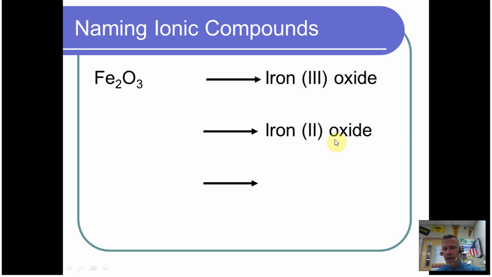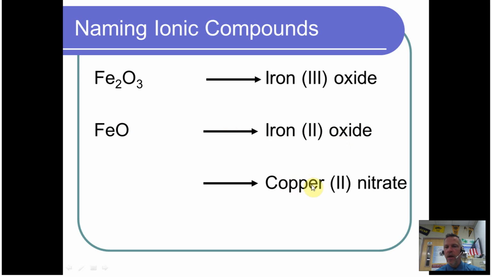Iron(II) oxide is FeO. All right, so the chemical formula for iron(II) oxide is FeO, and that means that iron here is in its +2 state. How did we know? Because it's paired with a single oxygen atom. The single oxygen atom has a -2 charge. That means the single iron that we see here in the formula must have a +2 charge. So this must be +2, this must be -2, this is iron(II) oxide.